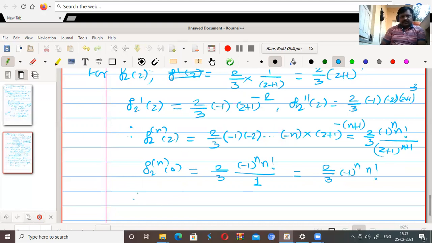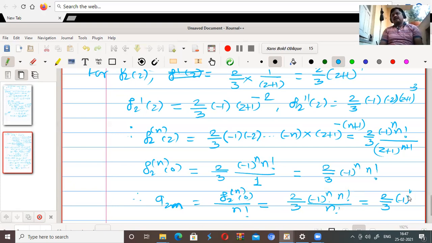And therefore, now I will take a2n as the coefficient, f2 to the n at 0 upon n factorial, which is equal to 2 by 3 into (minus 1) raised to n times n factorial upon n factorial. We get only 2 by 3 into (minus 1) to the power n.